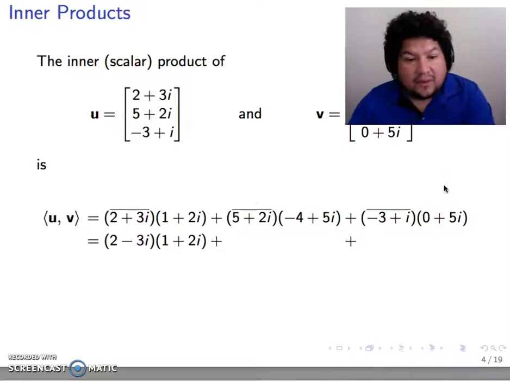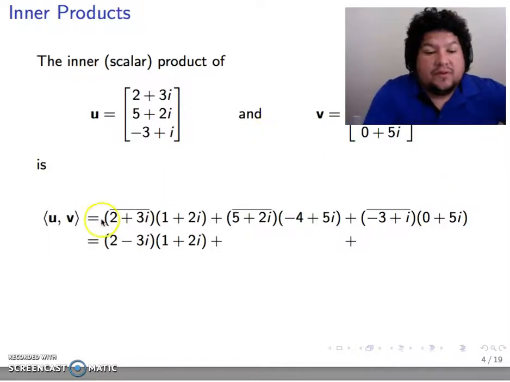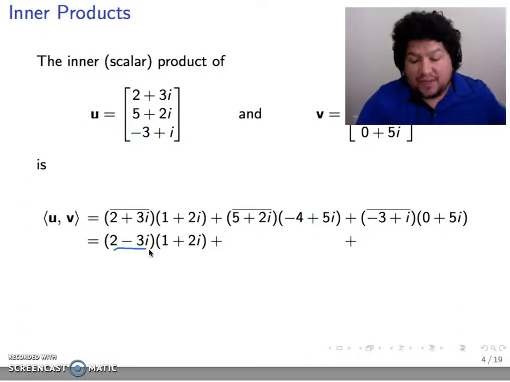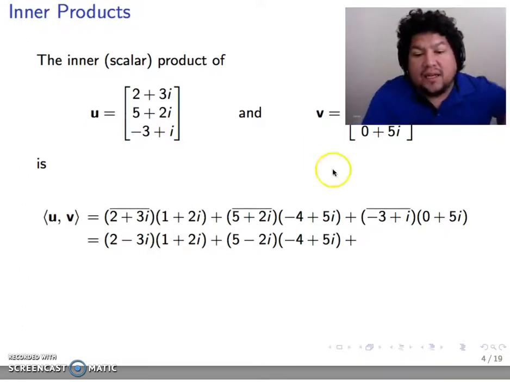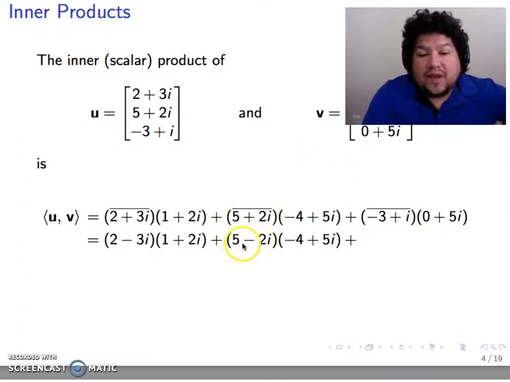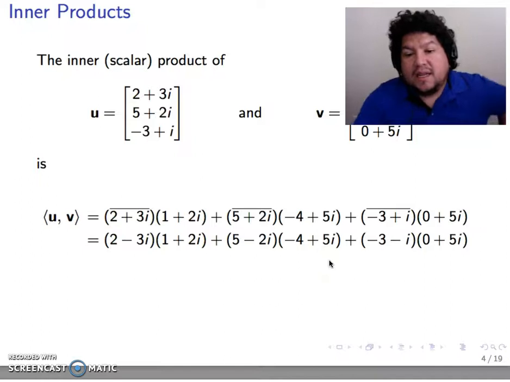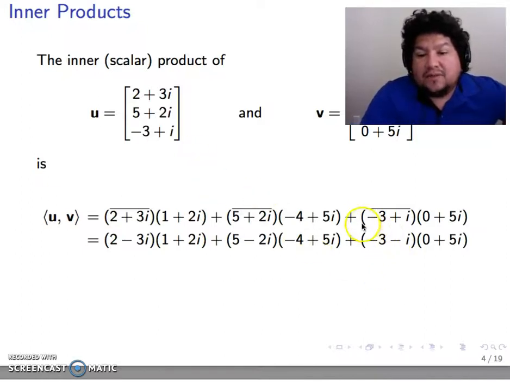So if we calculate those terms, the conjugate of 2 plus 3i is 2 minus 3i, as we had pointed out, and then the conjugate of 5 plus 2i becomes the complex number 5 minus 2i, and the next calculation involves minus 3 plus i, the conjugate of which is minus 3 minus i.